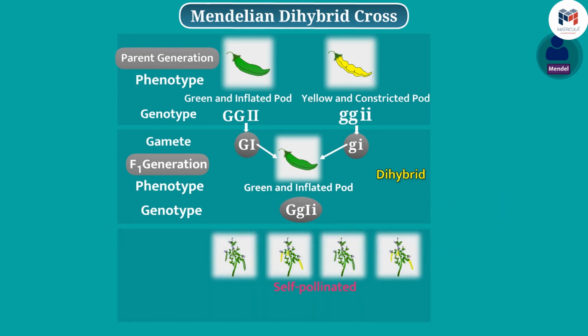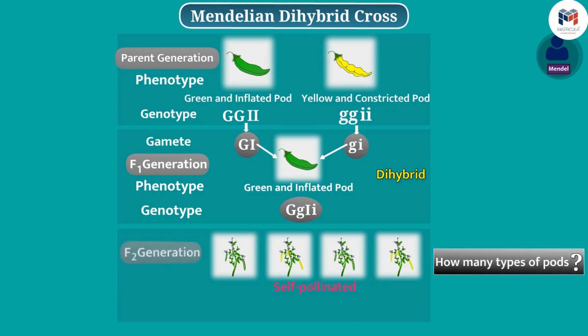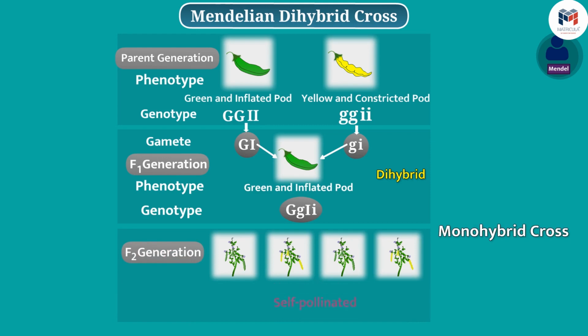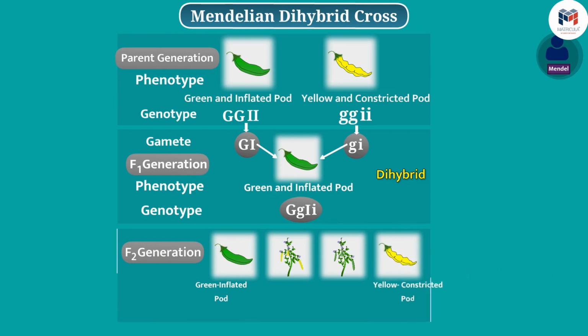So can you tell me how many types of pods would have been produced in the F2 generation? Let me tell you. On the basis of monohybrid cross, we can say that some of the pods produced in F2 generation will be green and inflated, and some pods will be yellow and constricted.